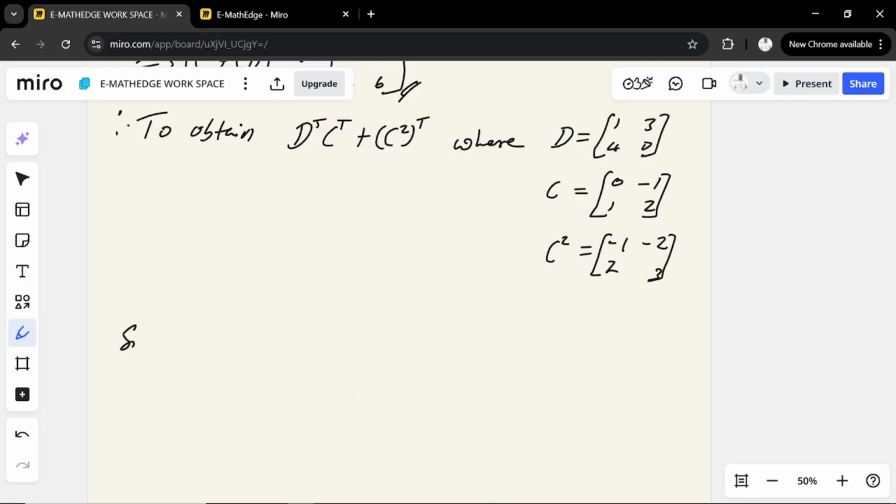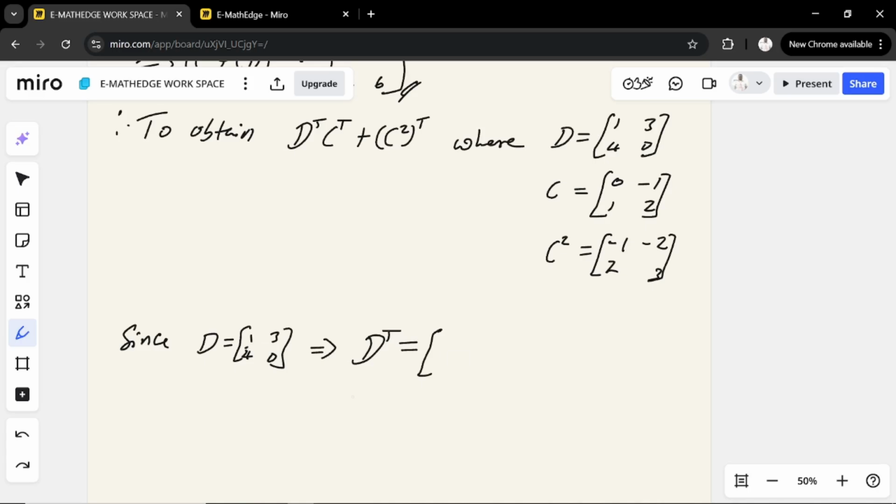So since D is equal to 1, 3, 4, 0, right? This implies that D transpose is going to be, mind you, first row becomes the first column and second row becomes the second column, as simple as that.